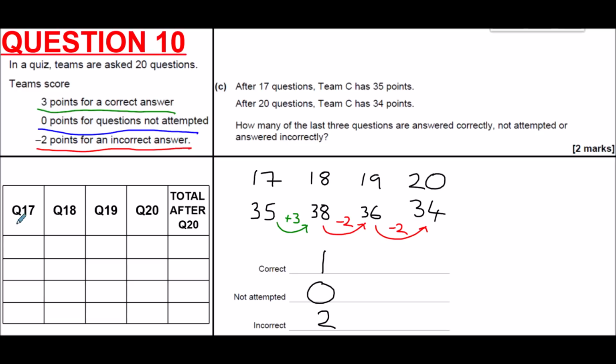And so question 17 might have been 35. Question 18, maybe that was answered right, maybe 19 was answered right, and maybe question 20 was answered wrong. If 2 are answered right, that would be 38 points and 41 points.